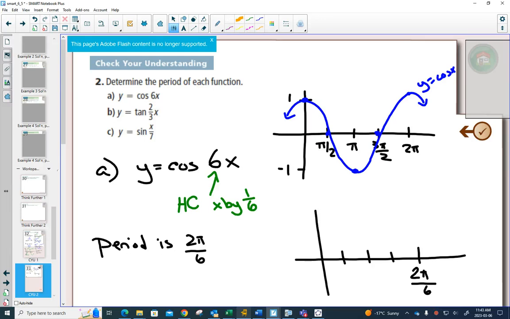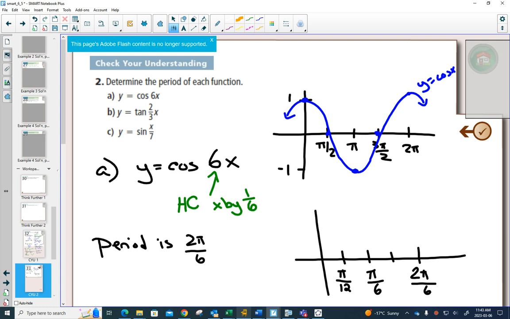Take 2 pi over 6, multiply it by half, and I would get pi over 6. Then I could find the first one, because the first one is going to be half of this one. If I take pi over 6 and multiply it by half, I will get pi over 12.